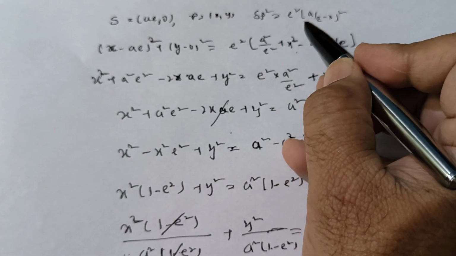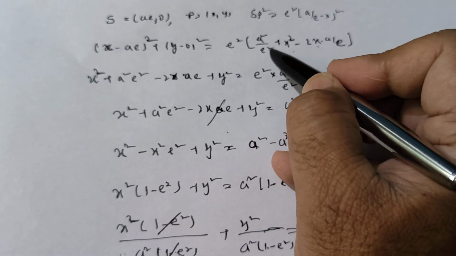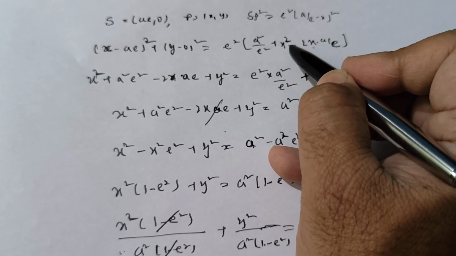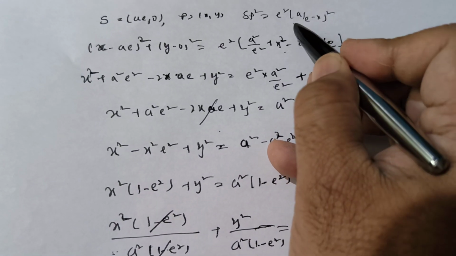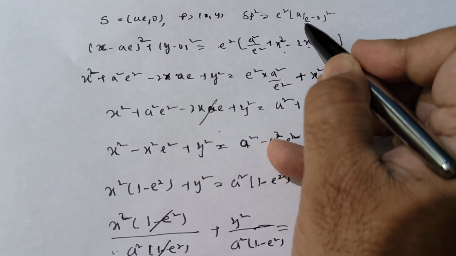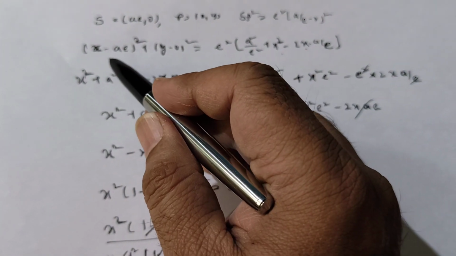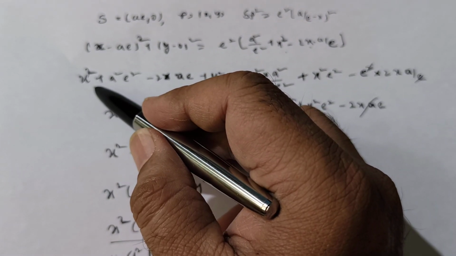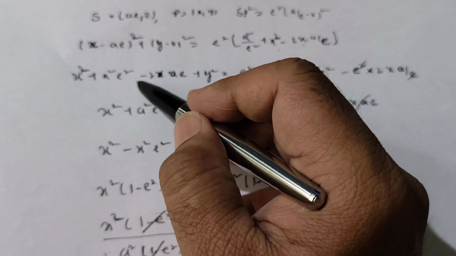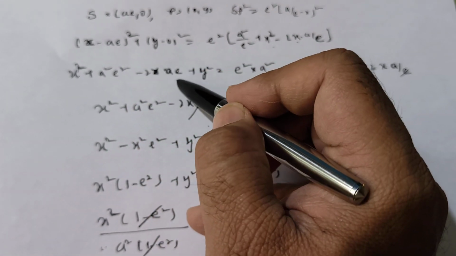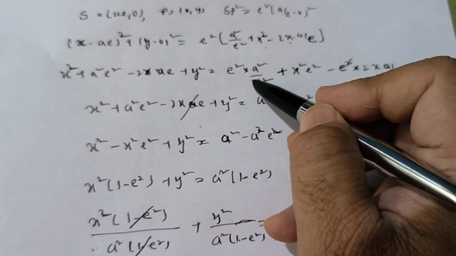This is E square times the A minus B whole square formula. A square means A square by E square, plus B square means X square, minus 2AB, 2 into A by E into X. You can write in order anywhere. This is A minus B whole square: X square plus B square means A square E square, minus 2AB, 2XAE, plus this is Y square.